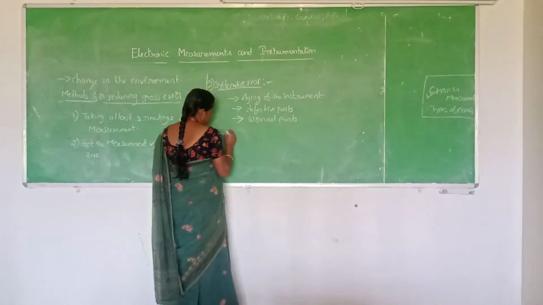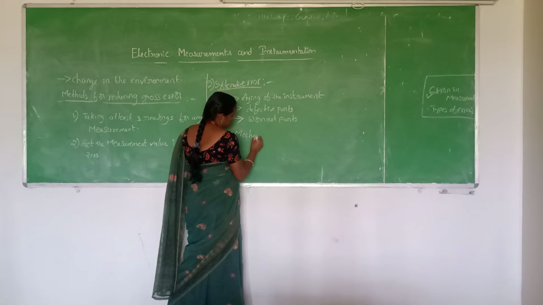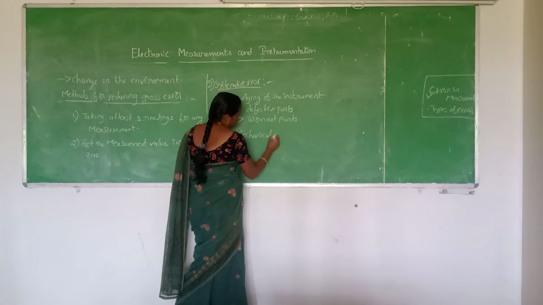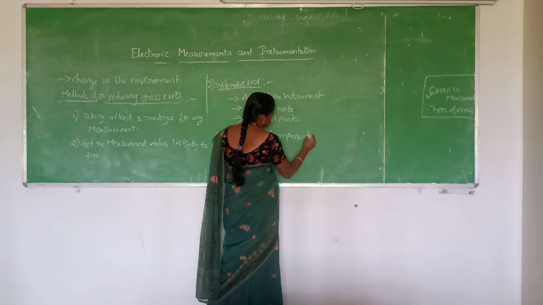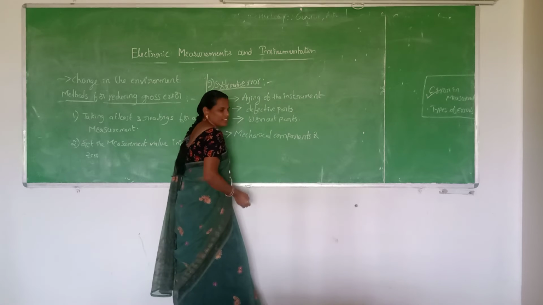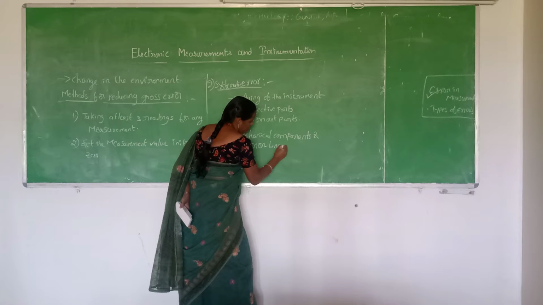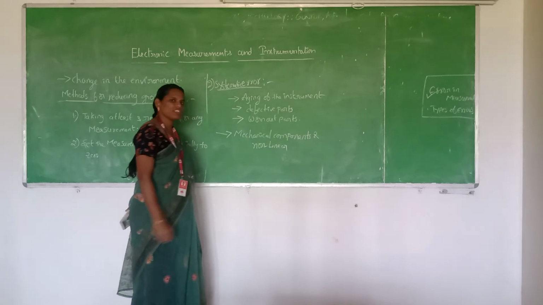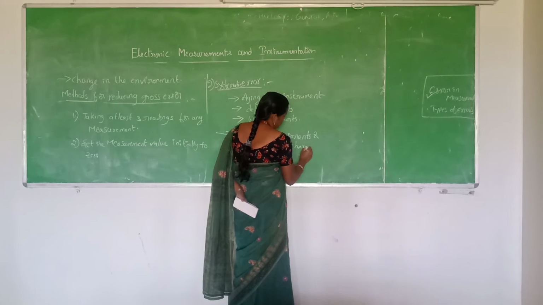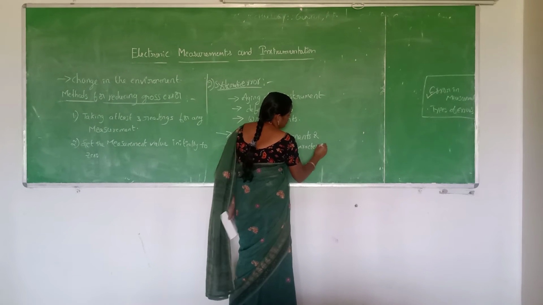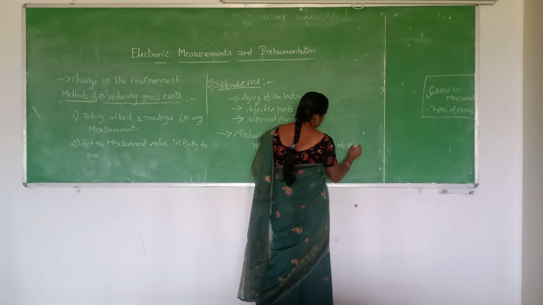The main cause of the systematic error is mechanical components used in the system, and also the non-linear characteristics. There is no problem with linear characteristics, but components having non-linear characteristics can cause the systematic error.